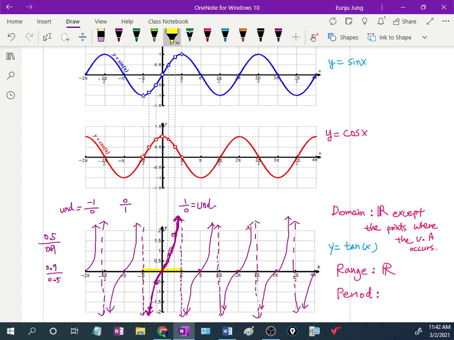From here to the other side, pi over 2. From here to the other side, negative pi over 2. What is the distance from this block? That will be pi. So the period of the tangent function is pi, not 2 pi like sine and cosine. Okay, so that is one difference from sinusoidal functions. We have vertical asymptotes, and we have a period of pi.